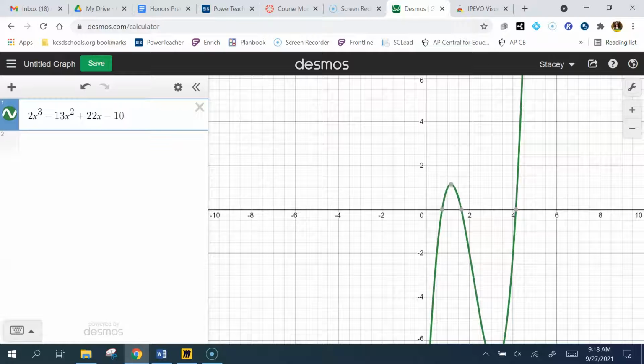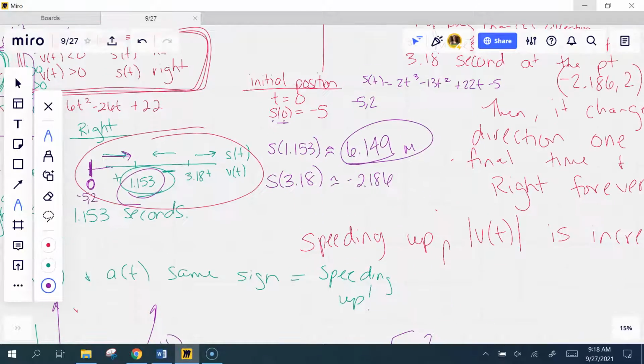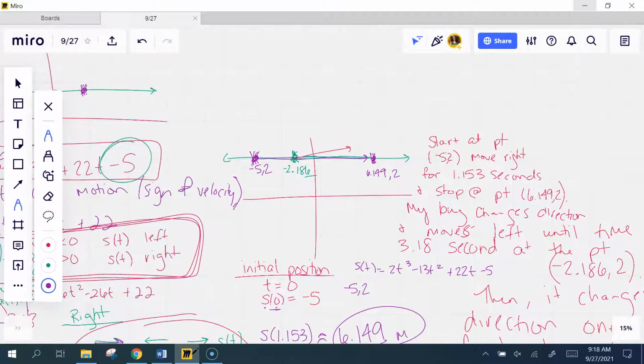It makes sense that it hits that more than once. Do you understand why? Look, it's past 5.2 here. So it passed it, went back, passed it again, and then went back one more time forever.